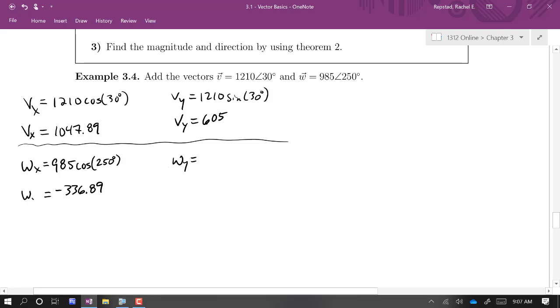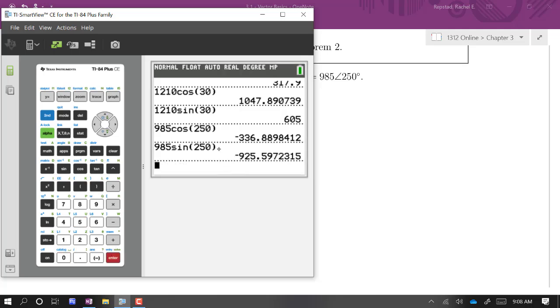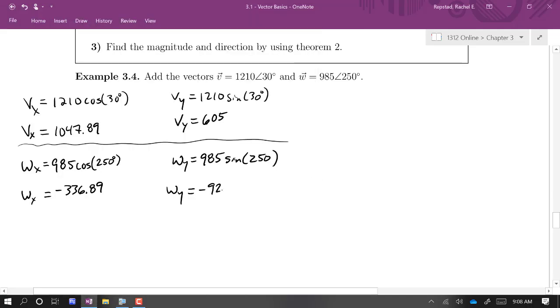And Wy is 985 times sine of 250. That is negative 925.60. And we'll just note that the components jive with where we know these vectors are. V is a first quadrant vector, and both those components are positive. W is a third quadrant vector, both of those components are negative.